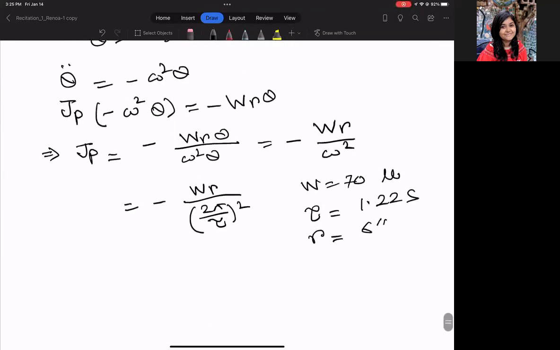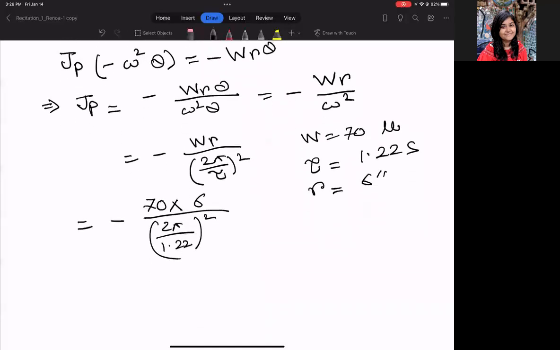So if we put all these values here, we get Jp equals 70 into 6 inches by 2 pi by 1.22 squared. And calculating this, we will get 15.83 pound inch second square.